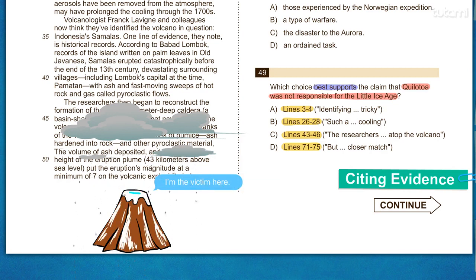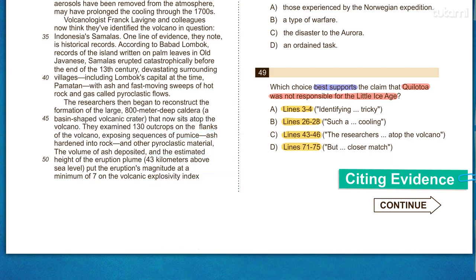Okay, that nice little, small little phrase there. In fact, that whole phrase was the key word, okay? And now in order to support the claim that Kilotoa was not responsible for the Ice Age, I simply have to go to the specified lines in the answer choices and see which one supports that claim.